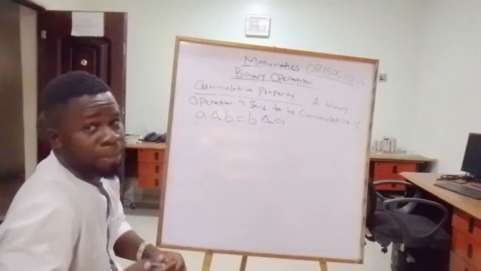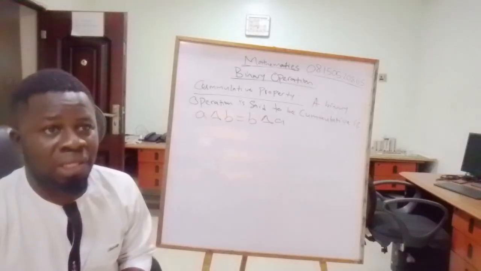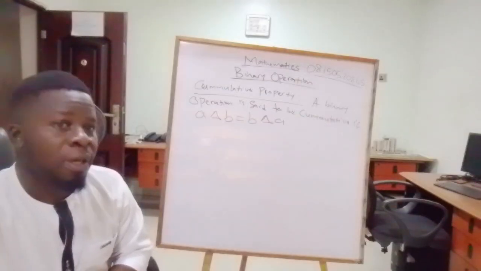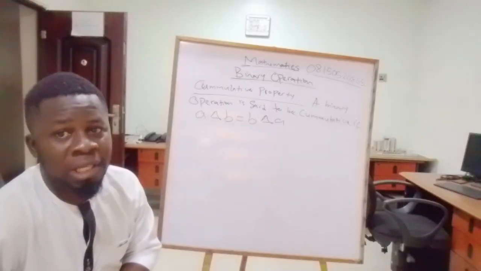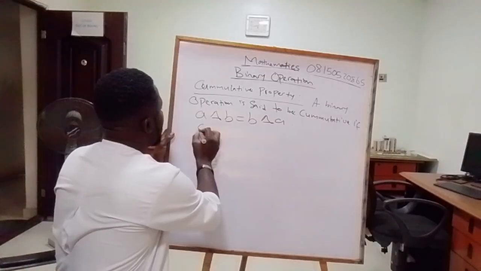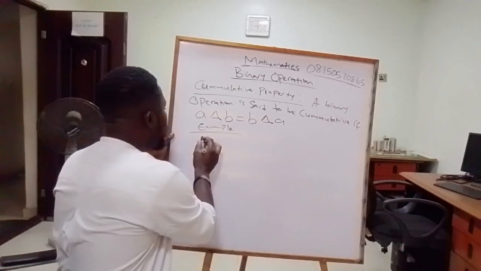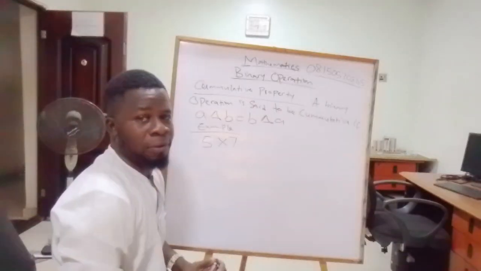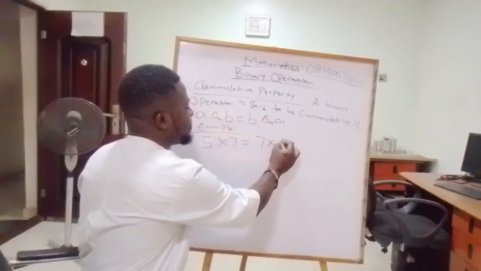For instance, there are two operations which are usually commutative. The first one is multiplication. The second one is addition. You ask why. Let's take an example. If you do 5 times 7, you notice that it's still the same thing as saying 7 times 5.